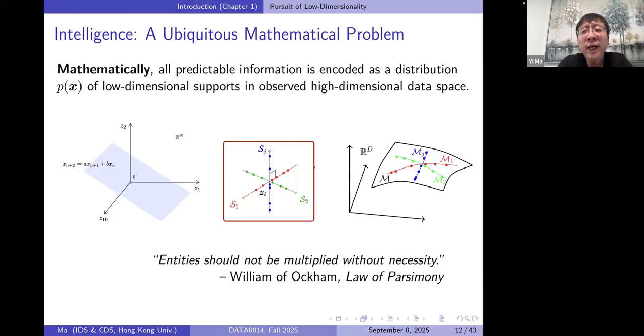Those observations could be very high dimensional, like images, or all the things happening around you through sound or touch and so on. But nevertheless, those data are distributed around an extremely low dimensional support. Idealistically it could be a plane, a mixture of planes, or a mixture of low dimensional manifolds.